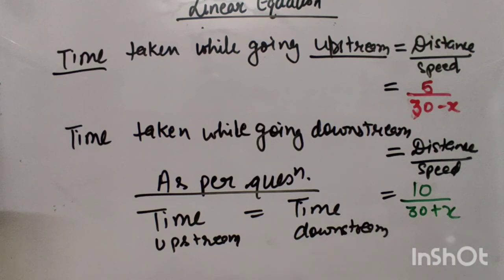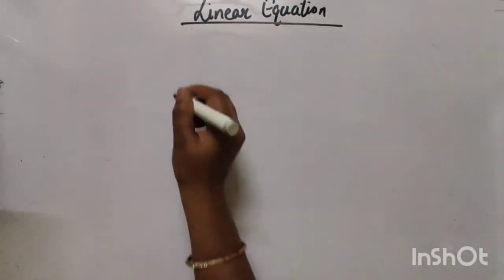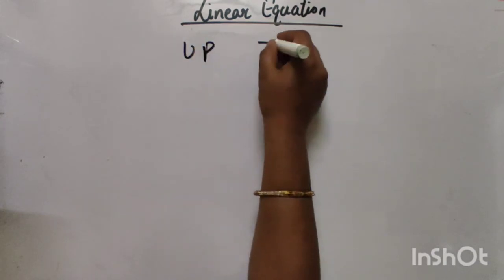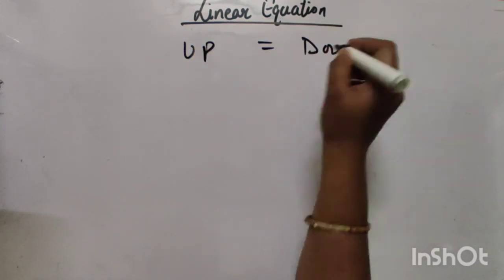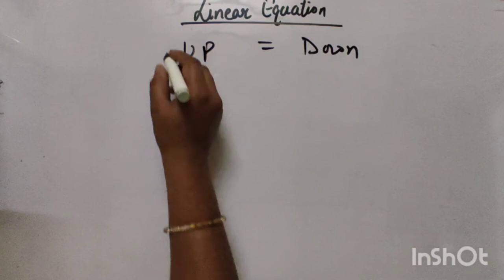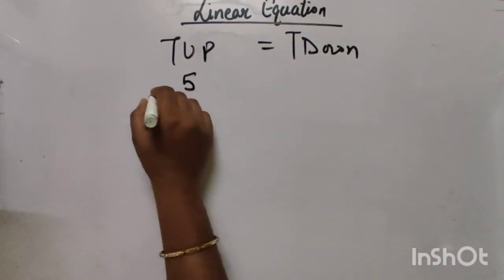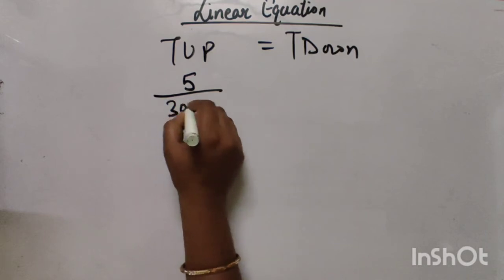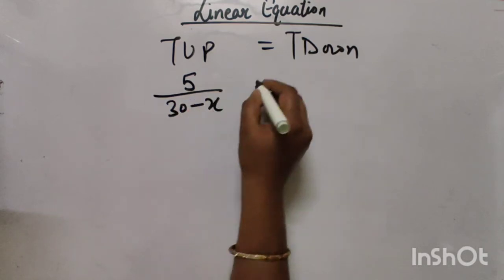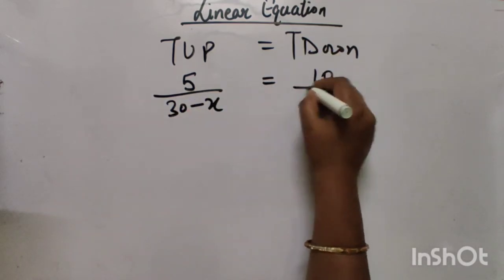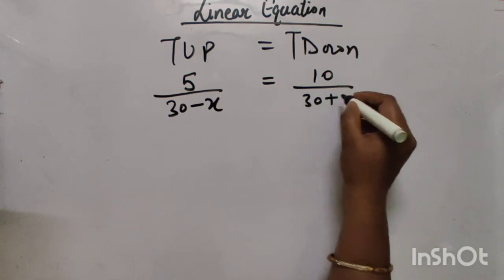So by taking this criterion we are going to put the values. The time in upstream was 5 upon 30 minus x and it is 10 upon 30 plus x.